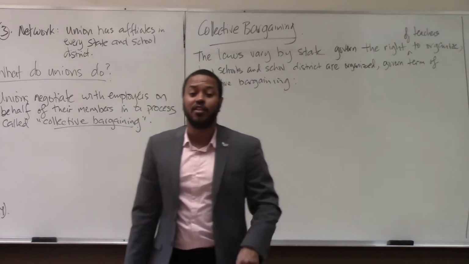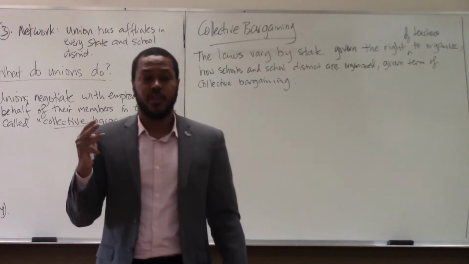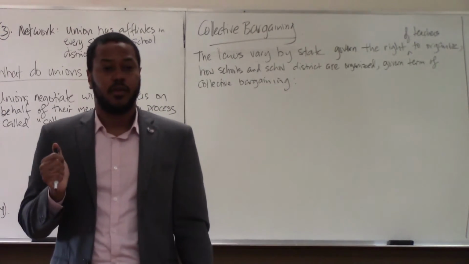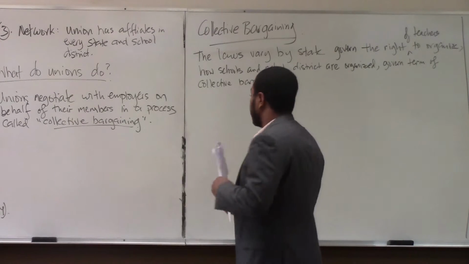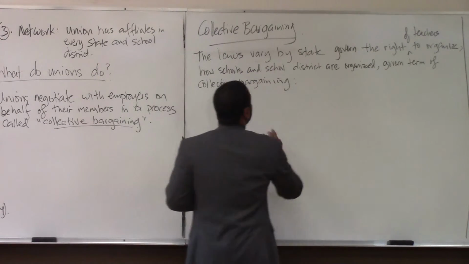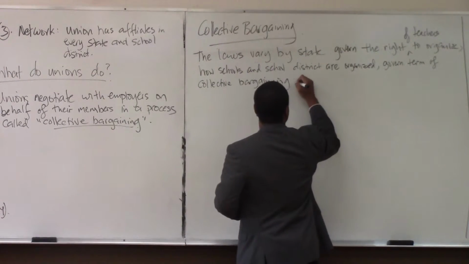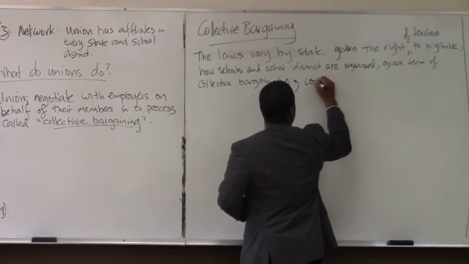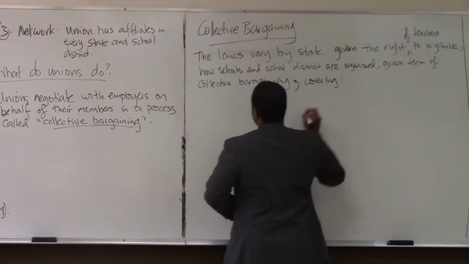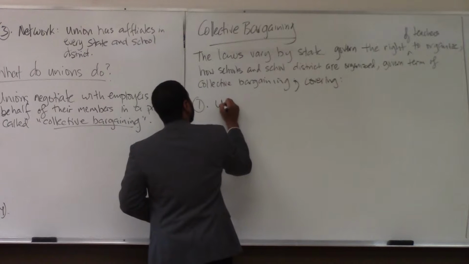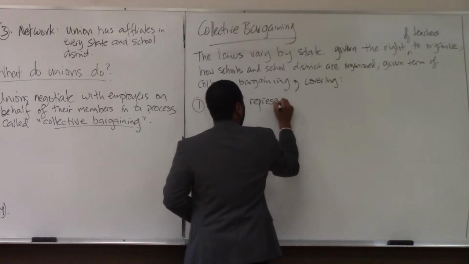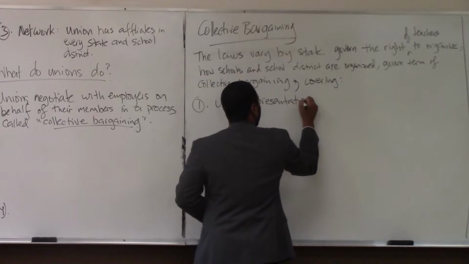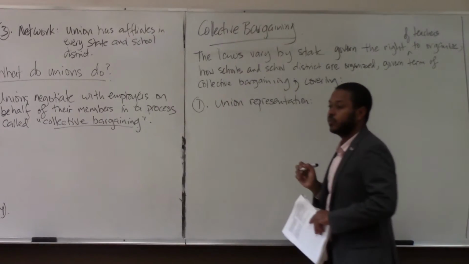Okay, what do collective bargaining laws typically cover? What three things do they typically cover? Union representation. So we can say covering union representation. What do we mean by union representation? It specifies who is covered.